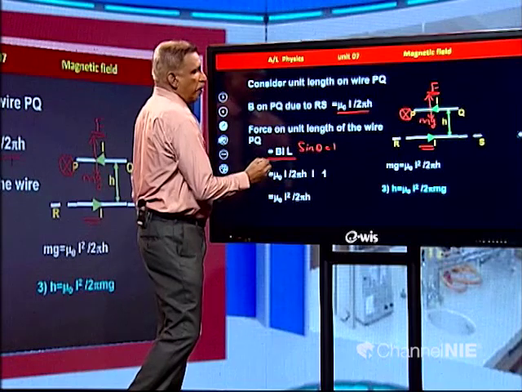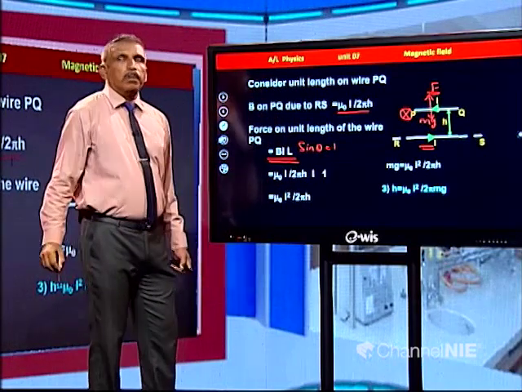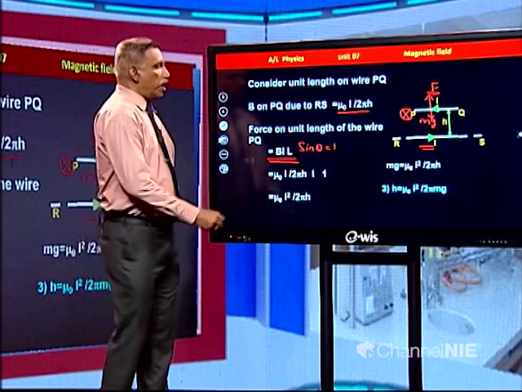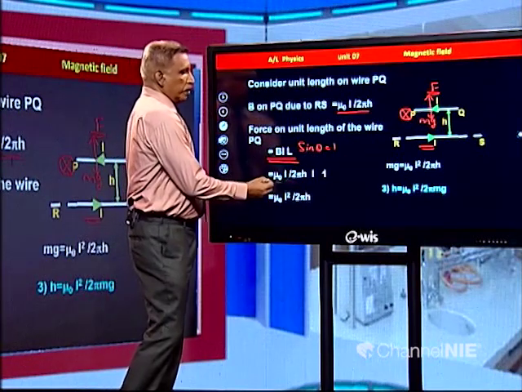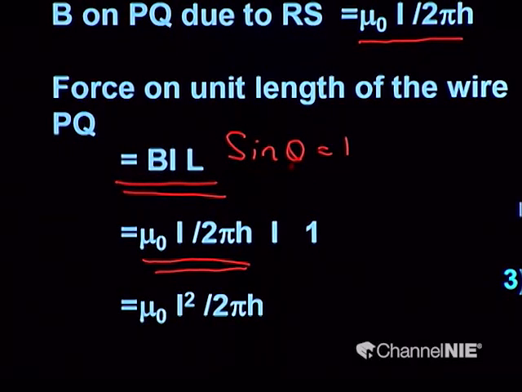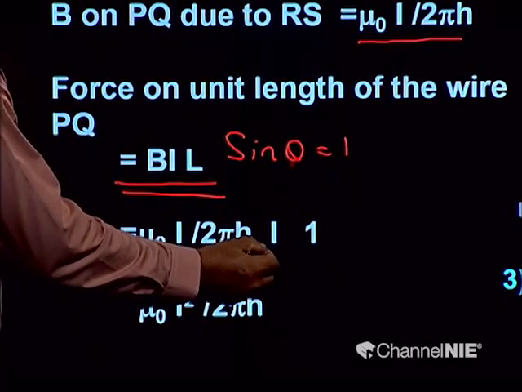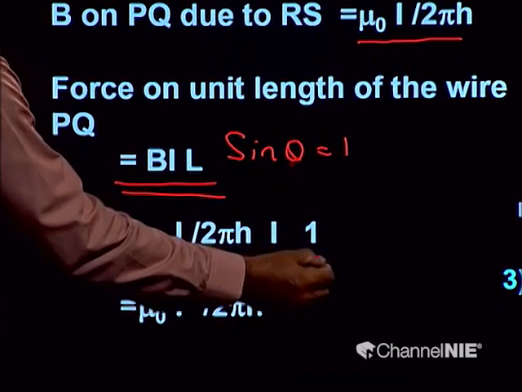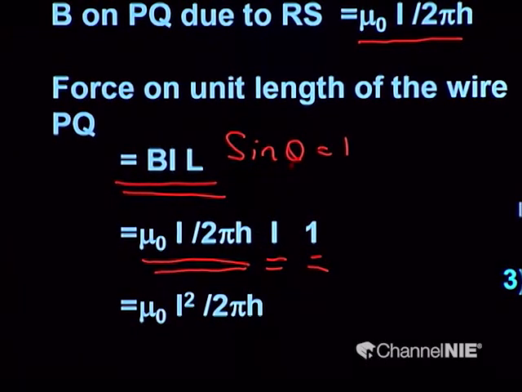So, normally we write BIL here. B is equal to mu naught I over 2 pi h, and current I, and L is 1 because we consider a unit length of PQ.